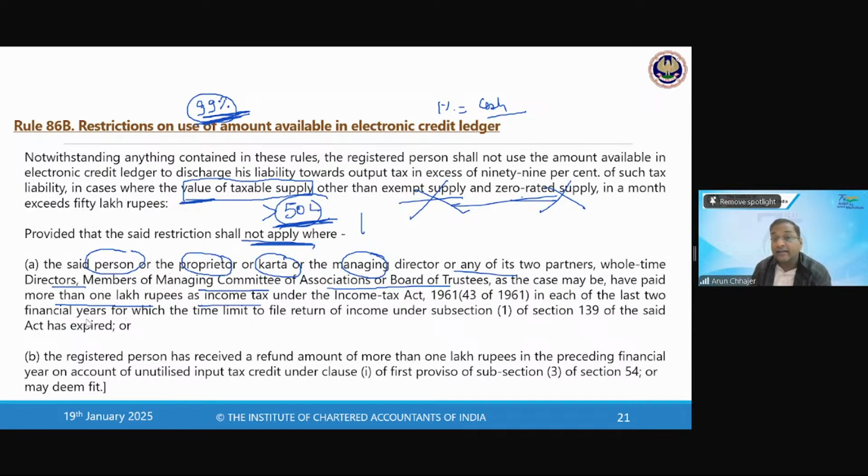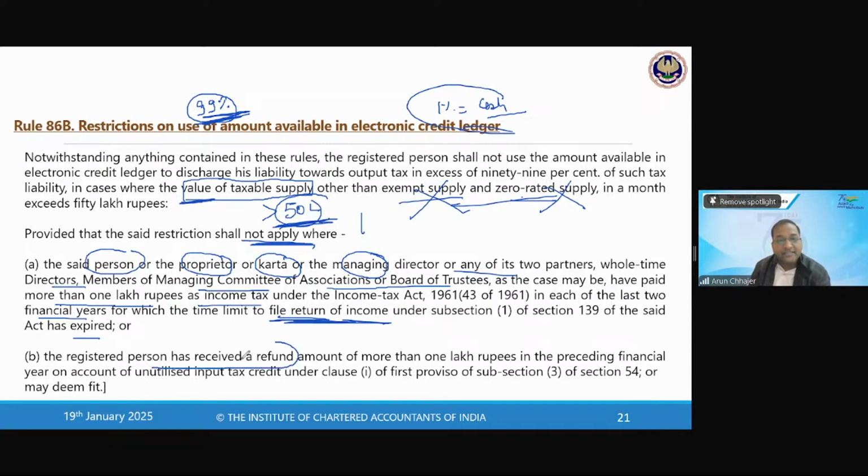Which 2 financial years? For which the time to file the return has expired. One exception is that if you have paid the income tax more than rupees 1 lakh in the 2 preceding financial years, then no issue, 50 lakh ka limit will not be applicable or this requirement of 1% cash will not be applicable.